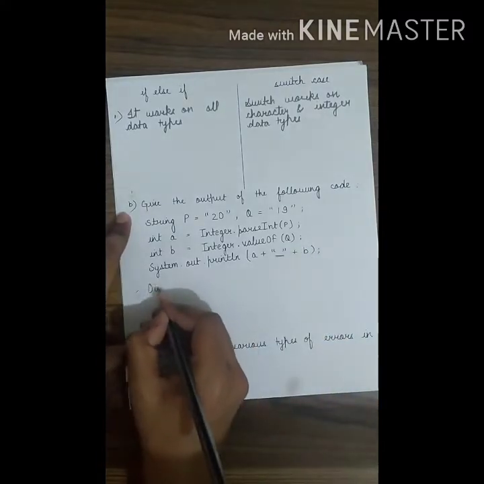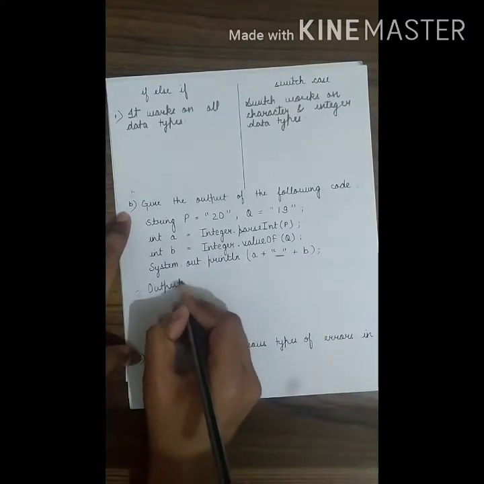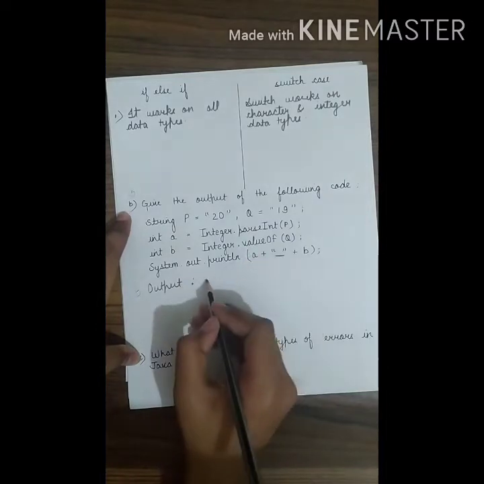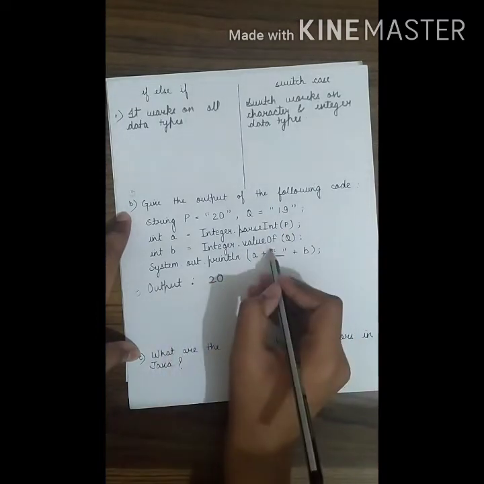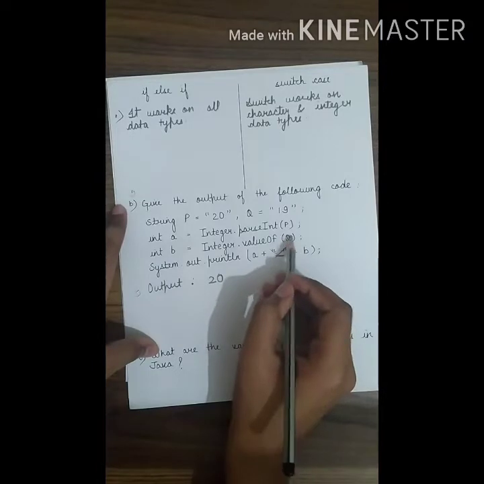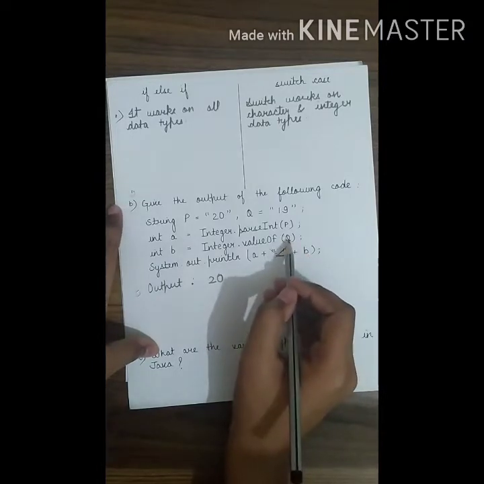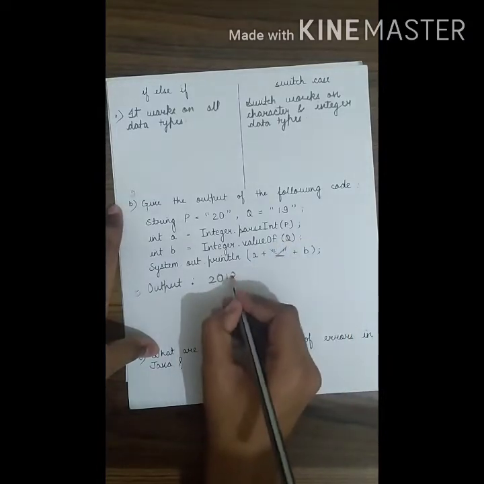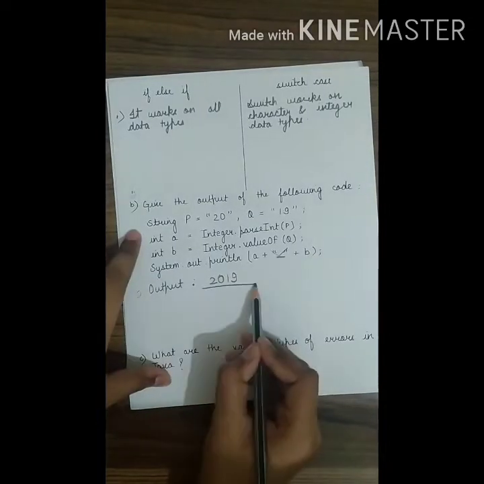So the output will be a, that is the value of p, 20, there is nothing in the double quotes, so we will write nothing, and b is equal to q, so 19. So the output is 2019.